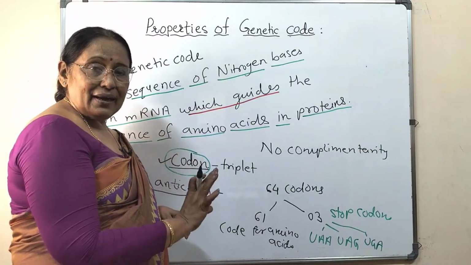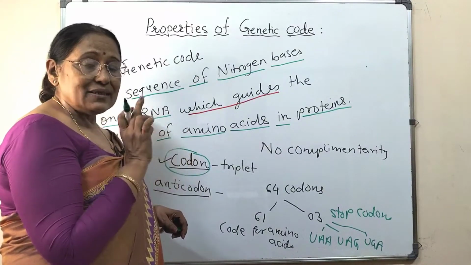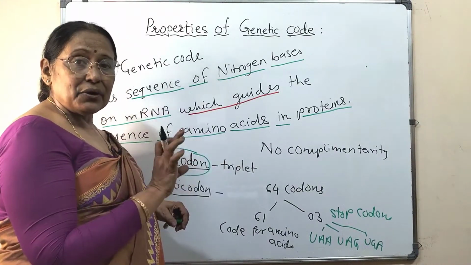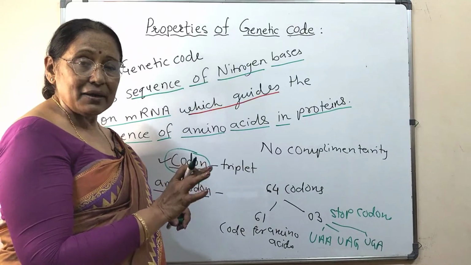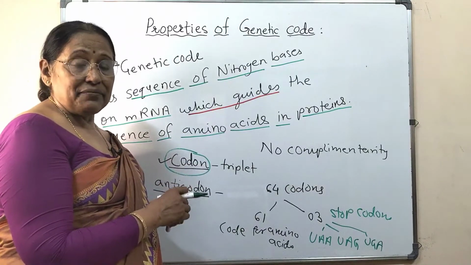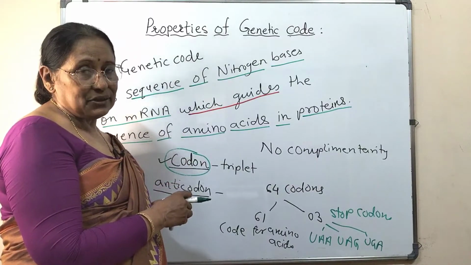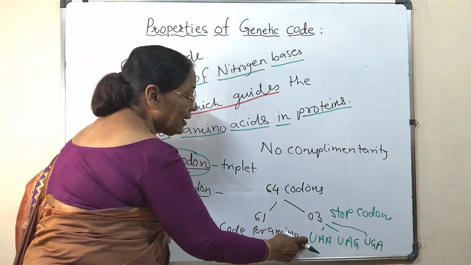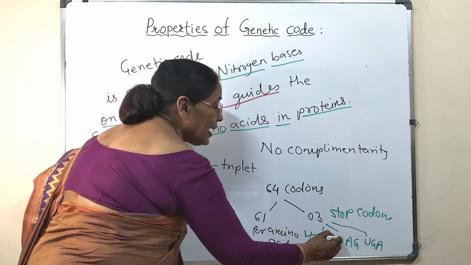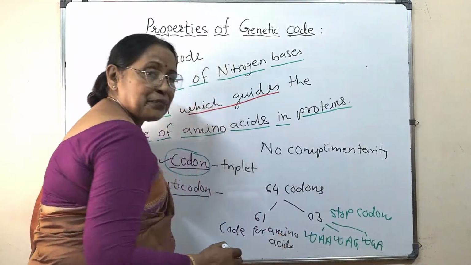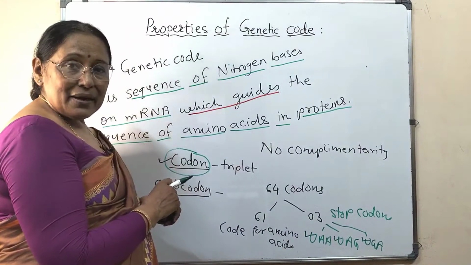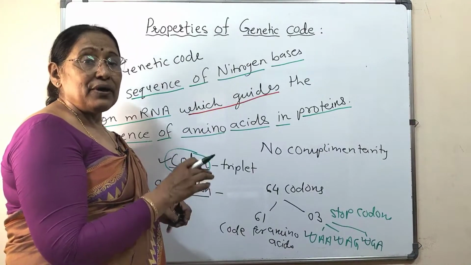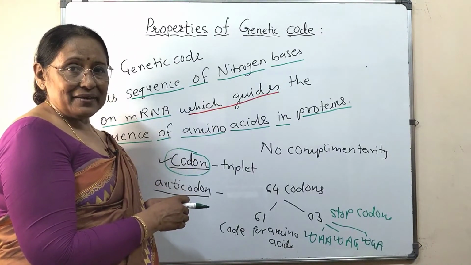They are 64 in number, out of which 61 code for amino acids, and 3 codons do not code for any amino acid. They also have a very significant role in translation, and they are called the stop codons, which are UAA, UAG and UGA. Isn't it very interesting? Now let us come to the other properties of the genetic code, which are equally interesting.